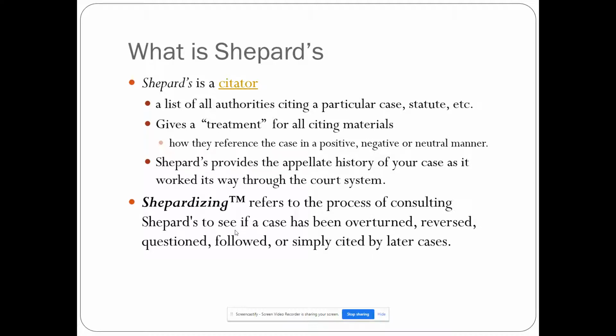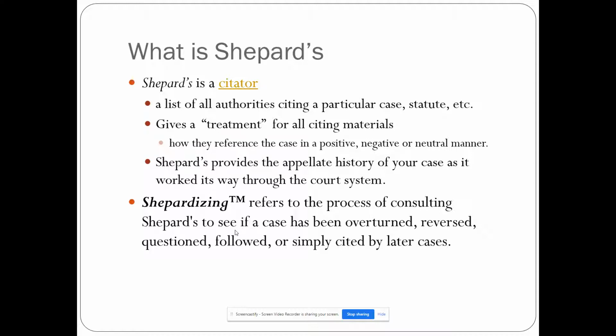Is it explaining it? Is it distinguishing it? Is it criticizing it? All of those things. So those are called treatments. And there's both negative treatments and positive treatments and neutral treatments. So you have to pay attention to that.